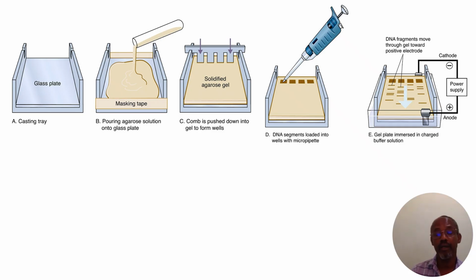Then when they migrate, smaller size fragments move faster and larger fragments move very slowly, and this brings about the difference in the DNA profiling.